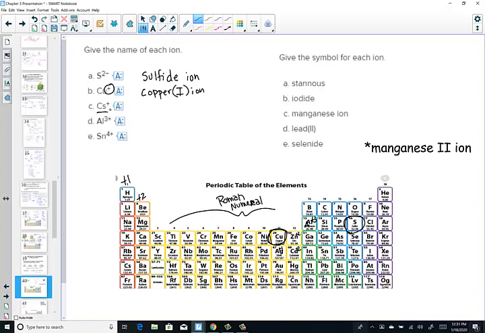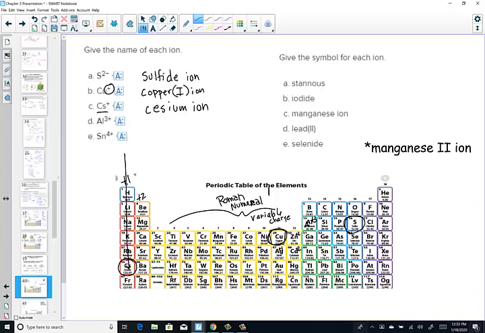Here's Cs, that's cesium. Cesium lives in a column where I definitely know its charge. It's always, always, always a +1. So no Roman numeral because I know its charge. Cesium ion. Not a variable charge, but a fixed charge. Roman numerals are needed for those metals that have a variable charge.